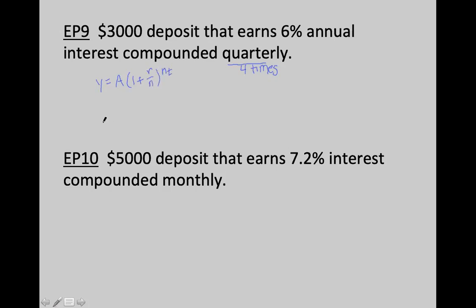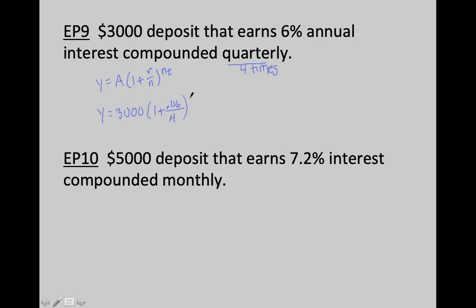All right, we want to know how much you have after this, right? You're depositing $3,000 to start with. You have 1 plus, your interest rate is 0.06. Remember, we write the interest as a decimal. The number of times it's compounded, we said was 4.